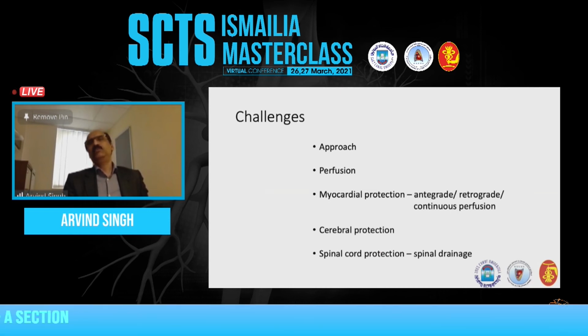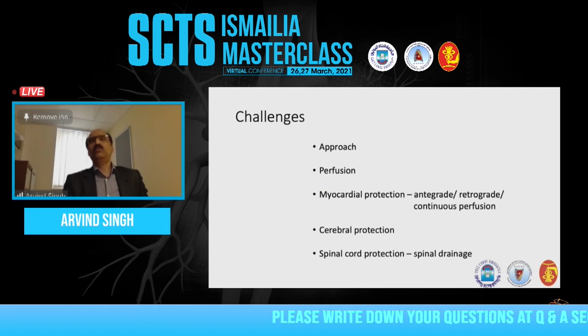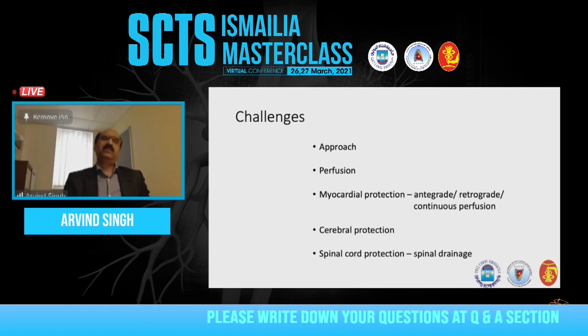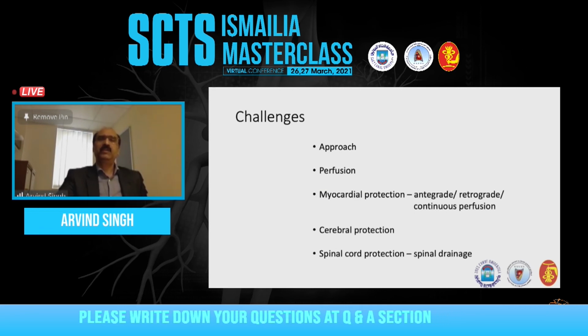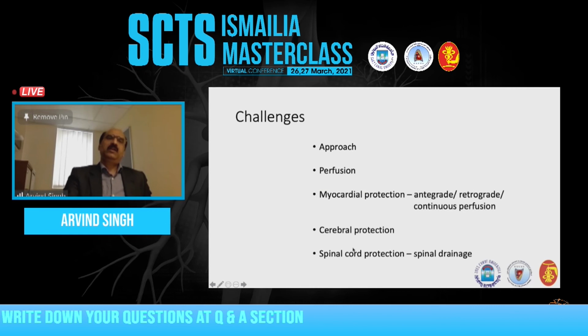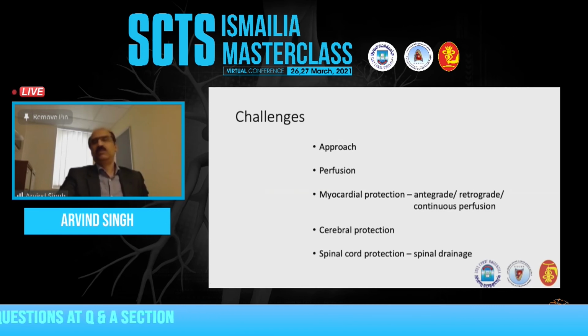The protection could be either cold blood cardioplegia or warm blood cardioplegia, depending on whatever you do routinely, or the third possibility of using continuous warm perfusion of the heart while you're doing everything else at the arch, so that the heart continues to beat and the ischemia time is reduced significantly. Similarly, a good plan for cerebral protection and spinal cord protection is essential.